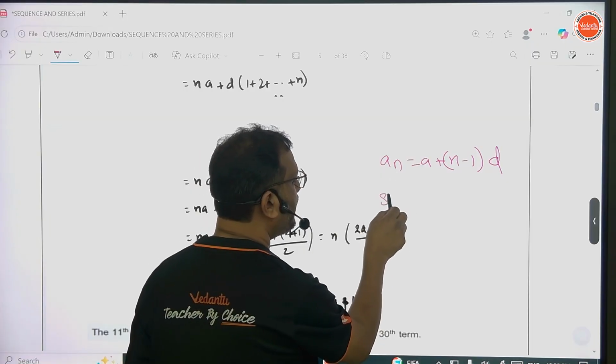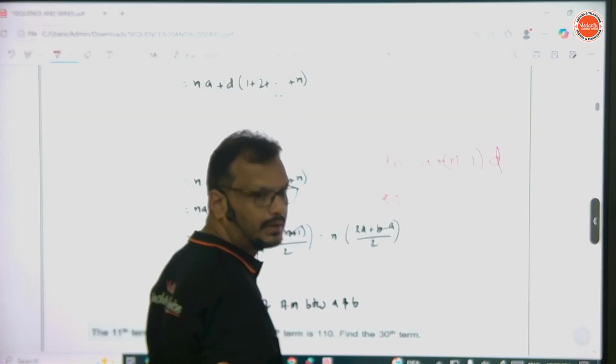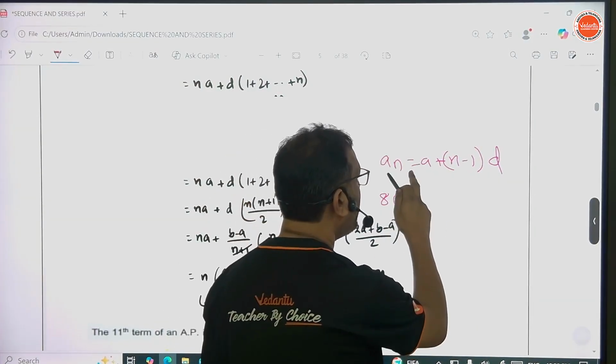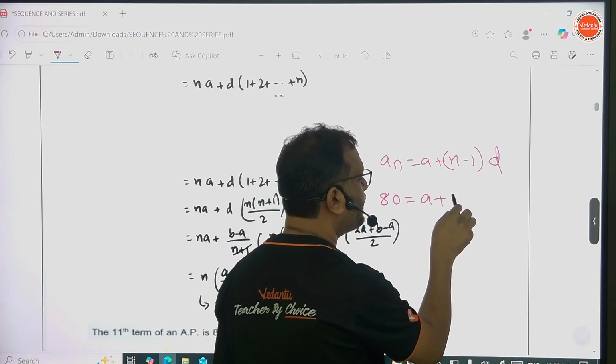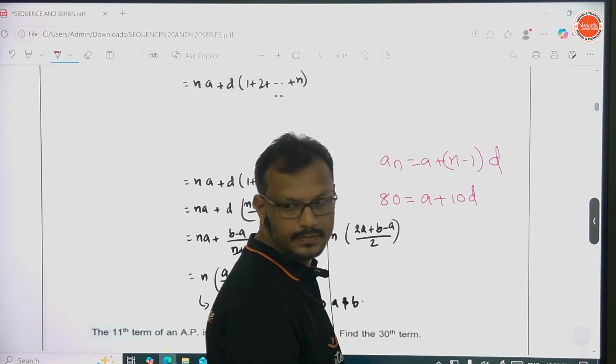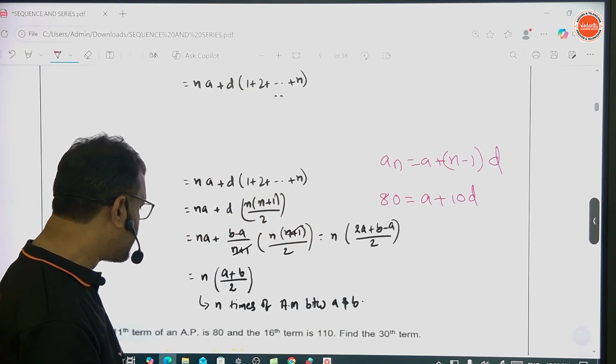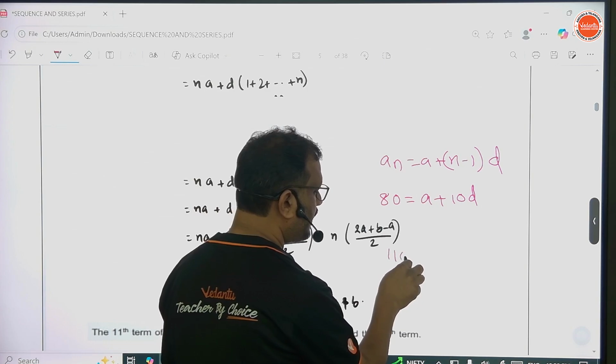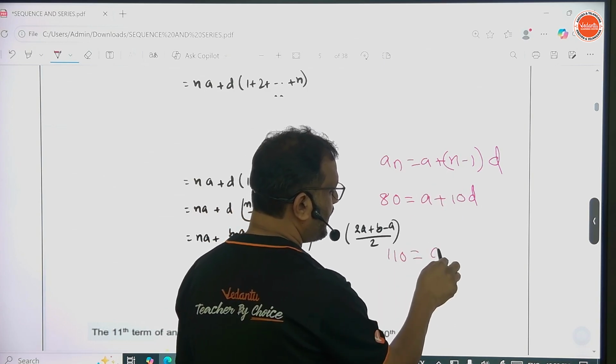So 80 equals A plus 10d. That is one equation. And the next one, the 16th term, is 110. So 110 equals, with n equal to 16, A plus 15d.